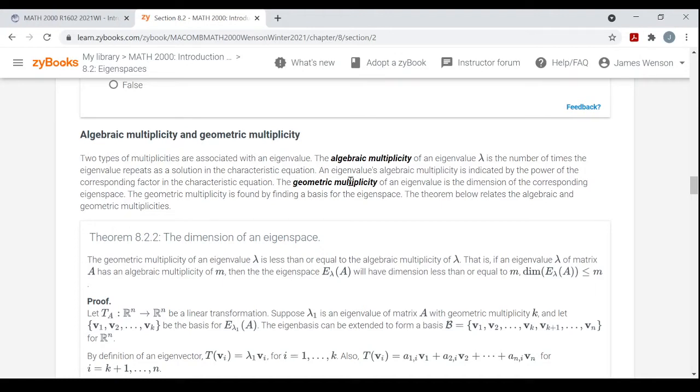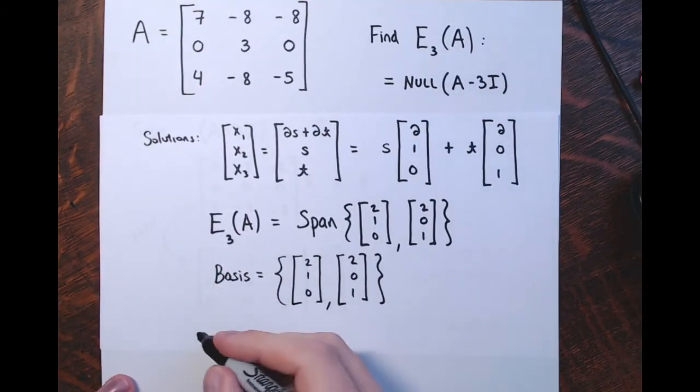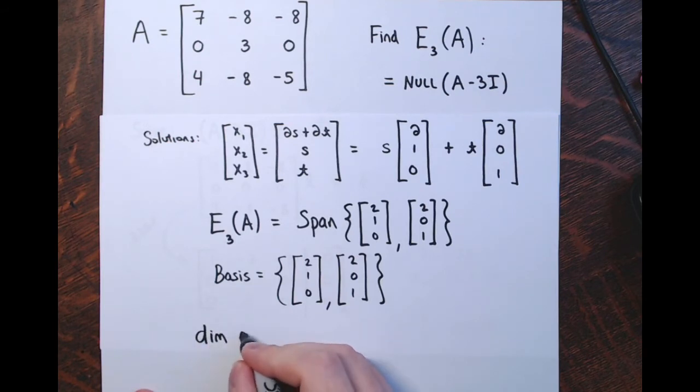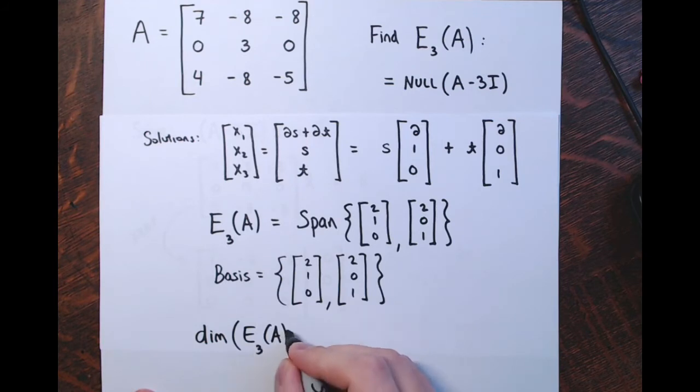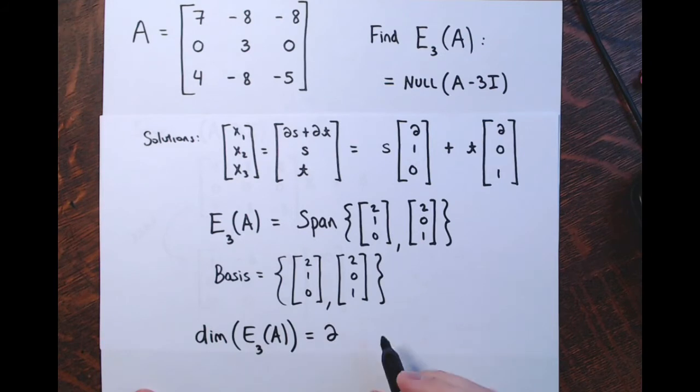Now the new one is the geometric multiplicity of an eigenvalue, which is the dimension of the corresponding eigenspace. Like I had that example a second ago, the dimension of this eigenspace of A corresponding to lambda equals 3 is 2, because a basis had two vectors in it.